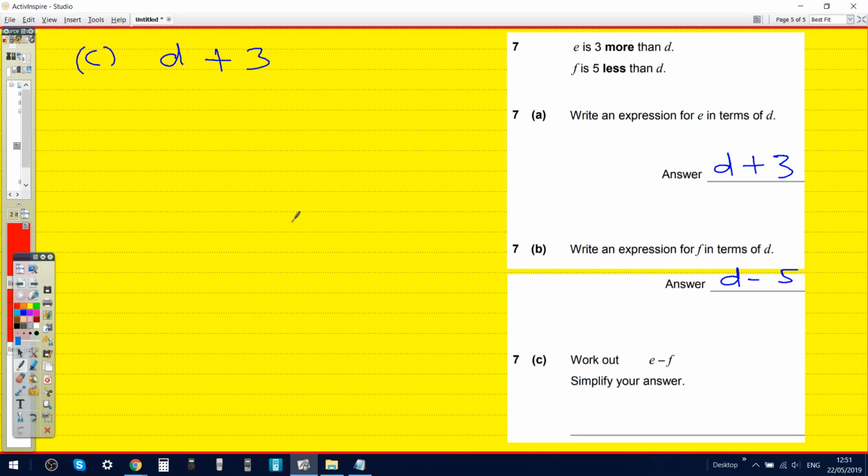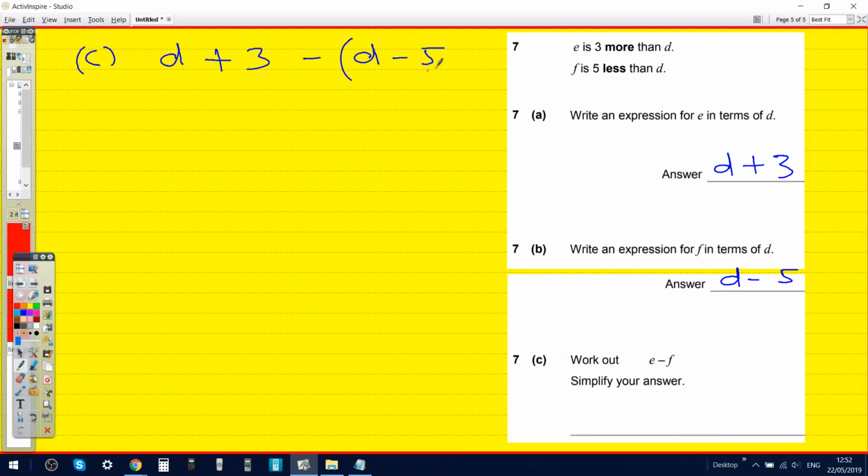Right, okay. And F, an expression for F in terms of D. So we know that F is D minus 5. So basically we are doing E minus F. So we're subtracting.